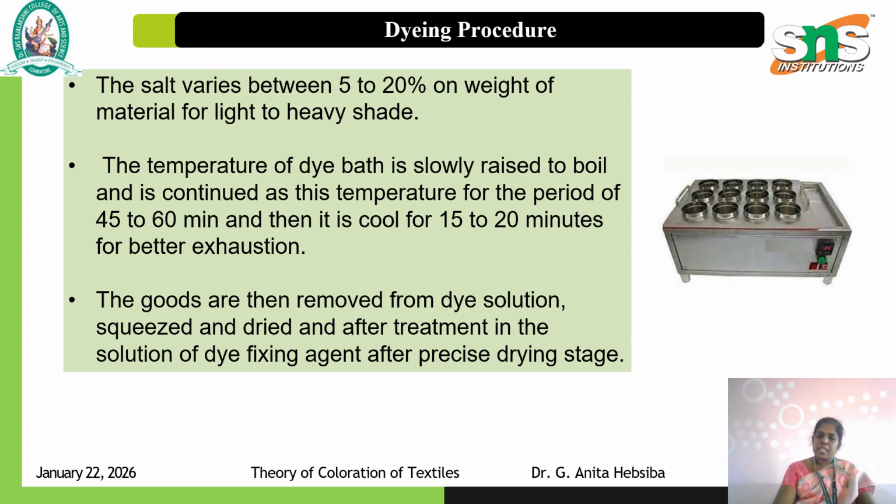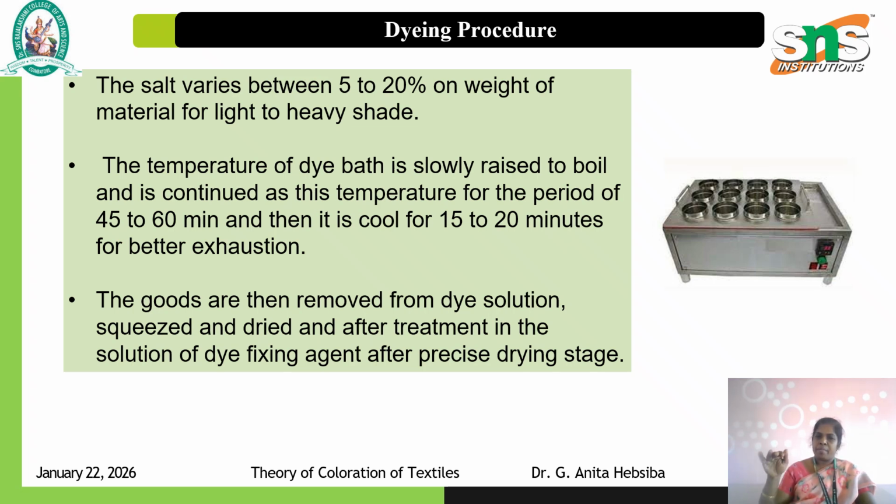Here you see this is the tumbler dyeing water bath we use for dyeing. The amount of salt varies between 5 to 20% on weight of material from light to heavy shades. For lighter shades we can go for 5% of salt. For heavier shades we go for 20% of salt.